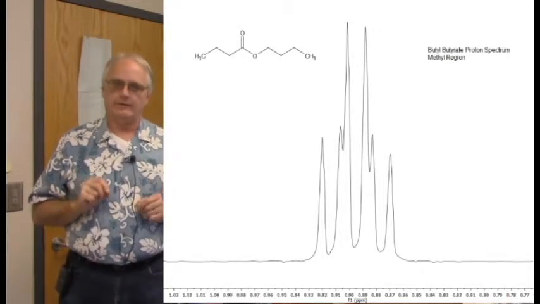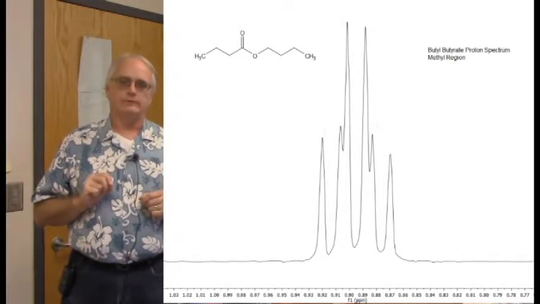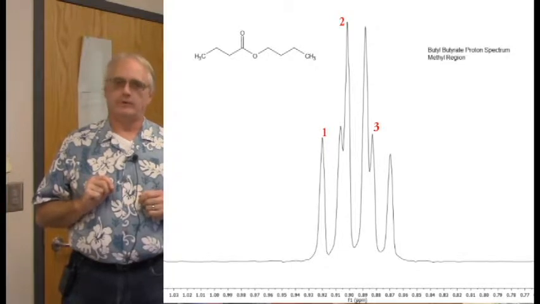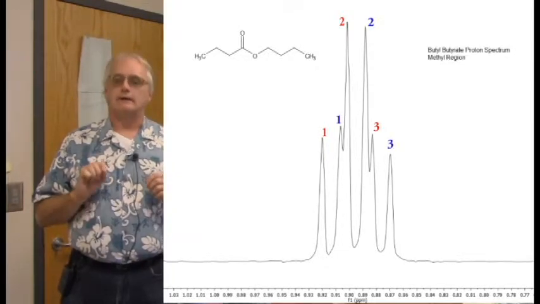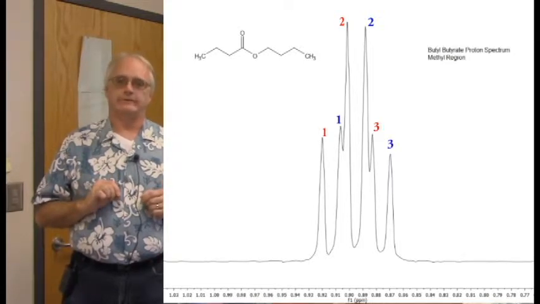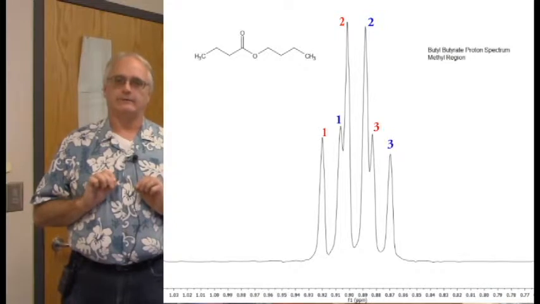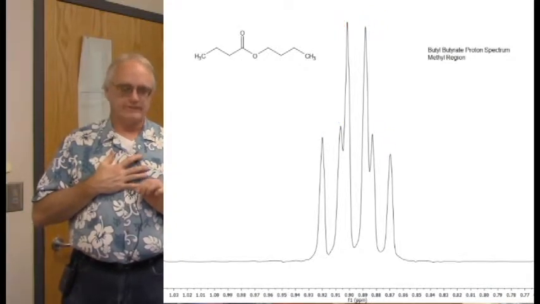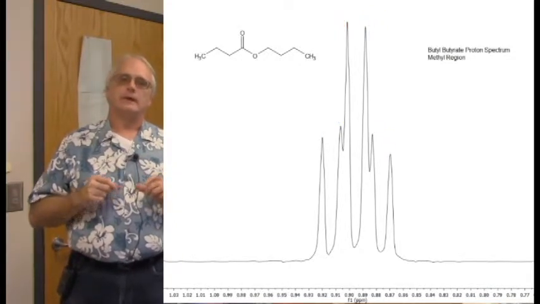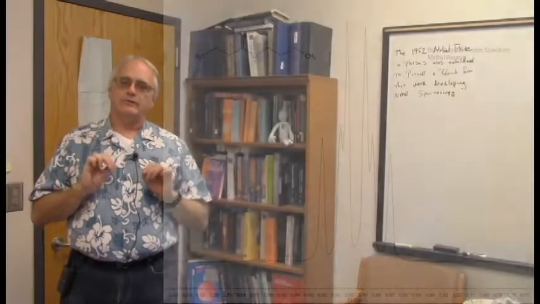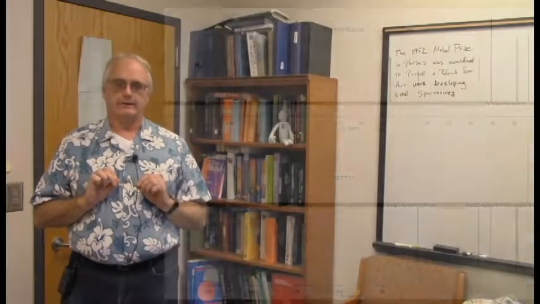If you look at it carefully, there's one triplet here, 1, 2, 3, the classic 1 to 2 to 1 ratio. Here's the other, 1, 2, 3, classic 1 to 2 to 1 ratio. It's actually a lovely, lovely pattern. Just makes me feel so good to think about. And sure enough, you also see it in the carbon spectra.